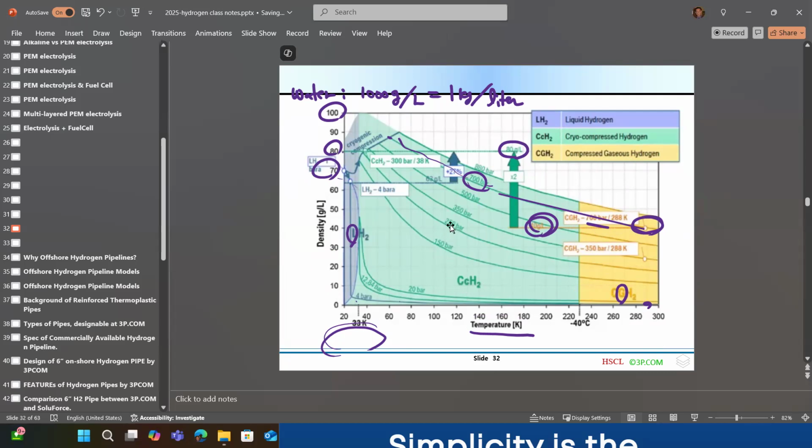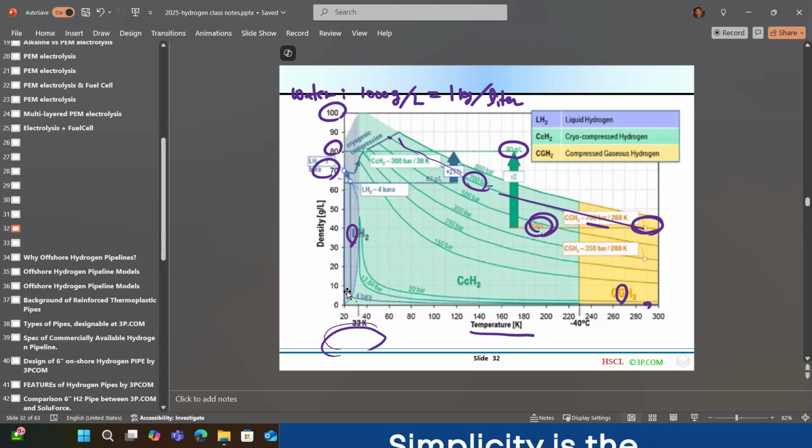Not as high as the hydrogen tank, but considering the volume of this pipeline, the internal volume, as you can see, how much hydrogen gas can be stored in the pipeline. It's important to understand the pipeline can be considered as a hydrogen storage system.